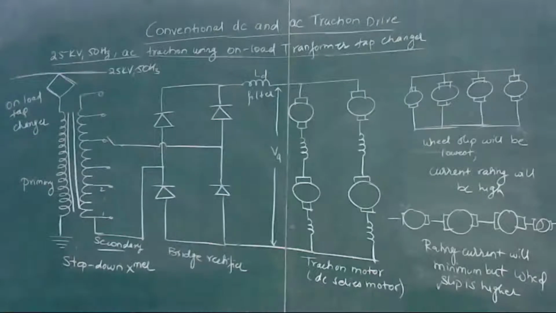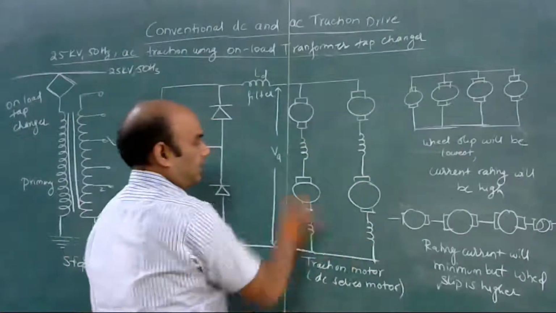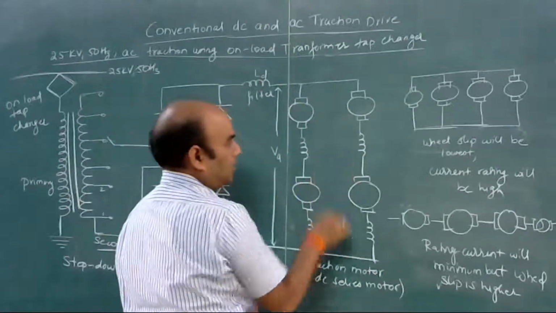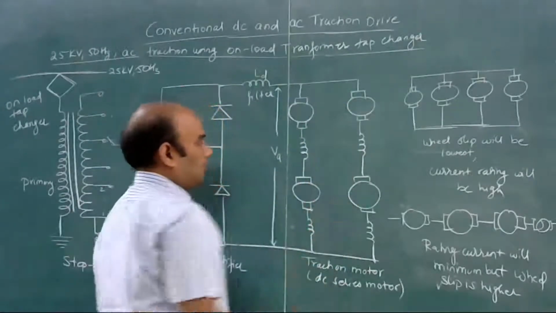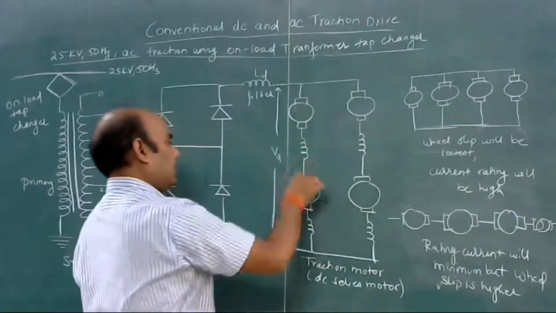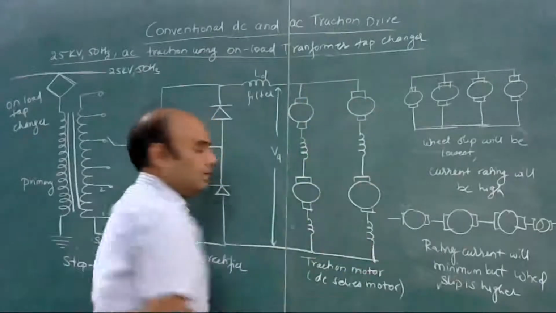Okay, so we have to provide a compromise between these contradictory requirements. So we have connected in this arrangement. The current rating will be low and wheel slippage will be very less. We have connected two motors in series and then connected in parallel.